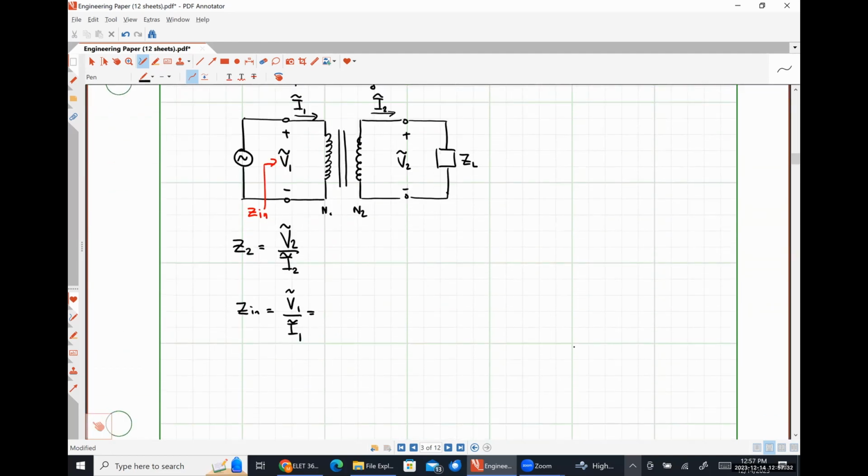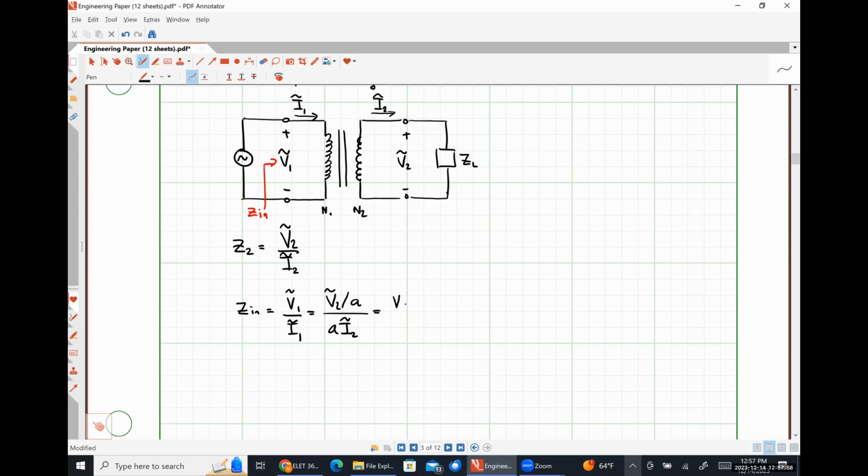So we're going to have V2 over our turns ratio A. And then how am I going to express I1 in terms of my current I2? I2 times A, okay? So I'll put A times I2 like so.